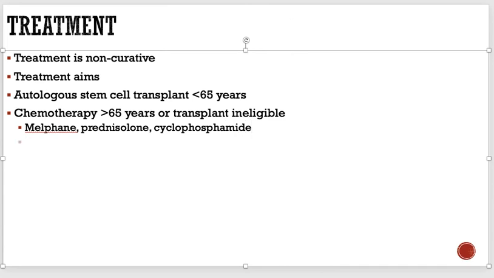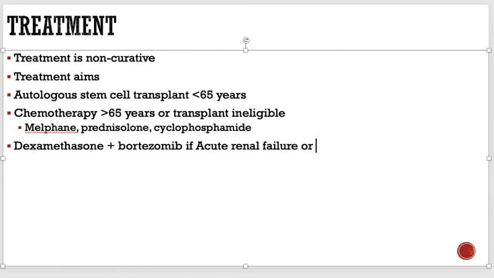Newer drugs are also there, right? Which we can give. There is a drug called bortezomib. So we can give dexamethasone plus bortezomib if there is acute renal failure or light chain disease.